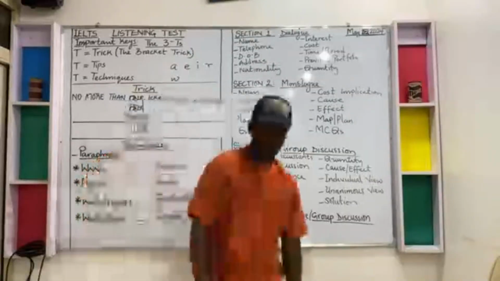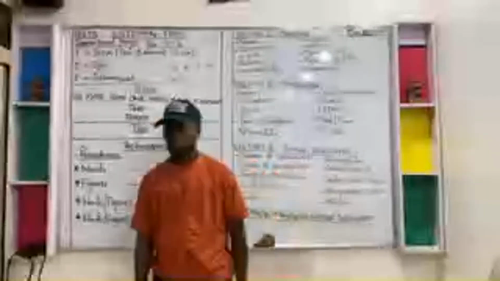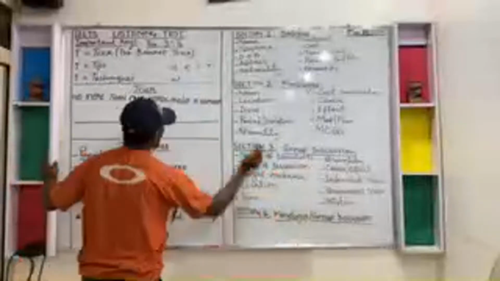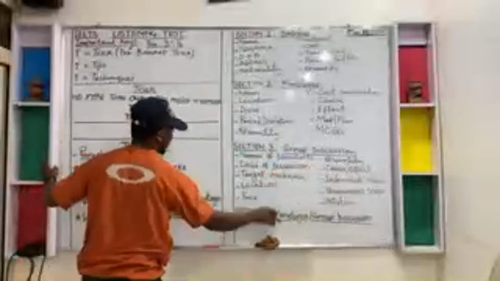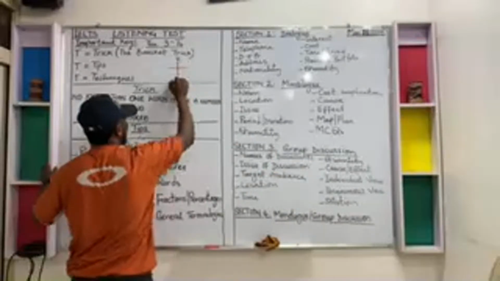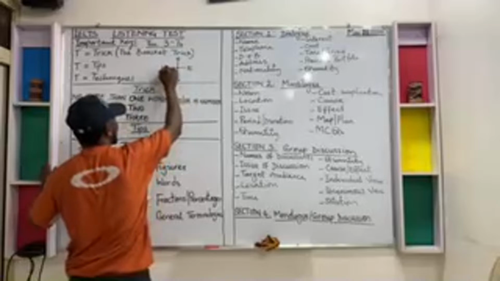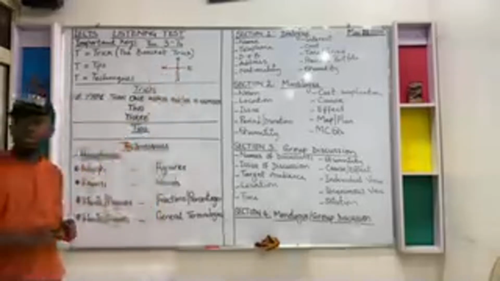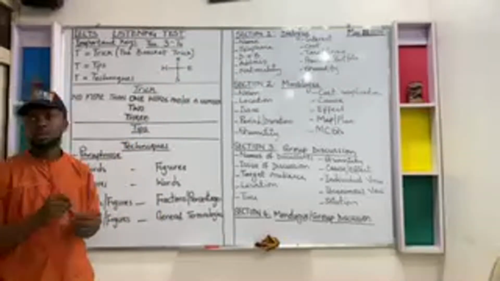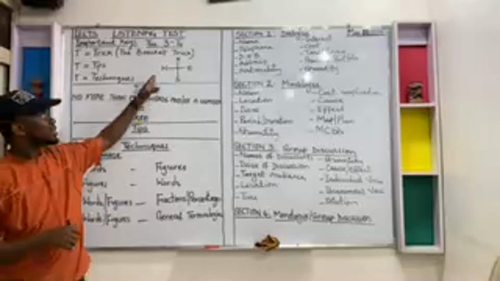plans or maps. This is one of the listening tests that gives a lot of people trouble: map reading. On every map, what we call the compass, cardinal points.